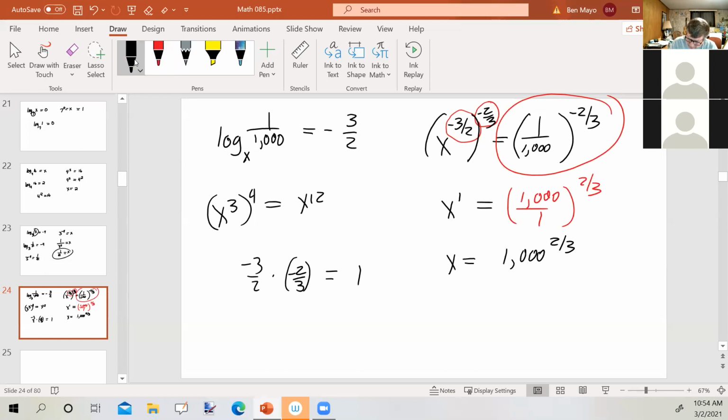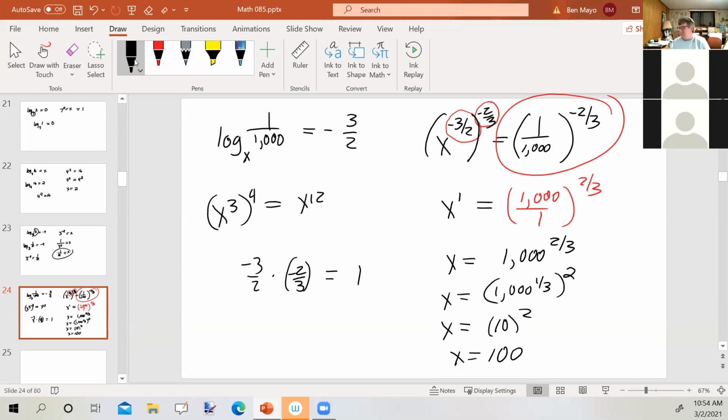Okay. Now, recall I could take 1,000 to the 1/3 power and then square it. But that's the cube root of 1,000, which is 10. And 10 squared is 100.